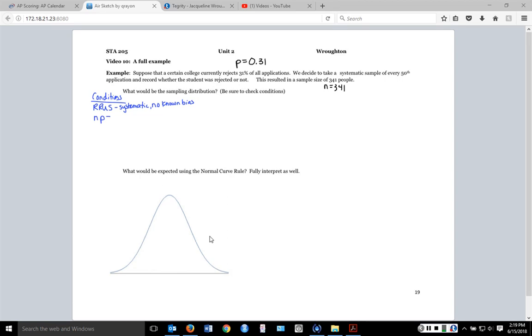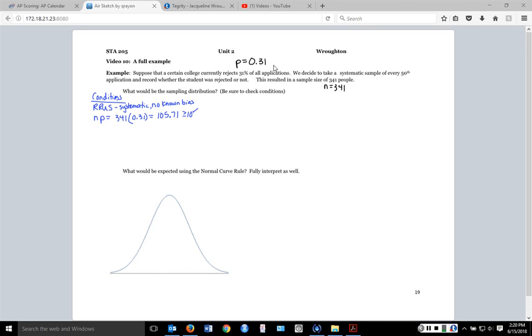Next, we need to check our n times our p to check if it's at least 10. So our n we already have labeled up here as our 341. Our p is our 0.31. And if we do our math there, we get 105.71, which is at least 10.